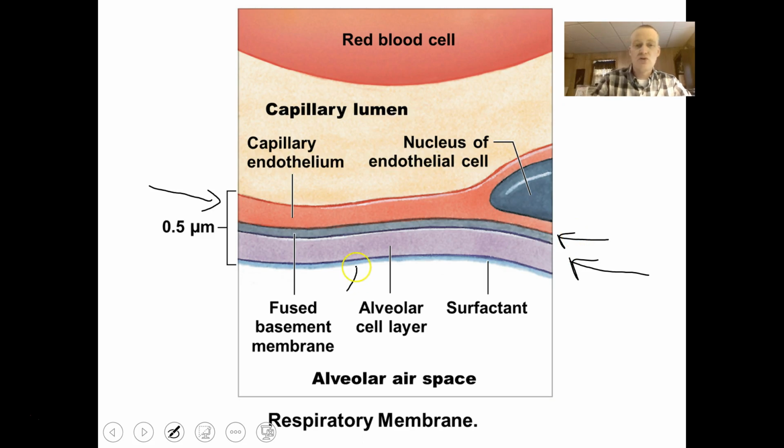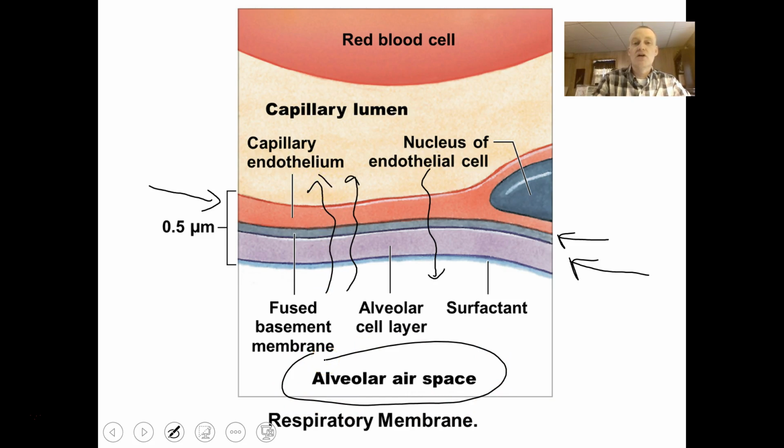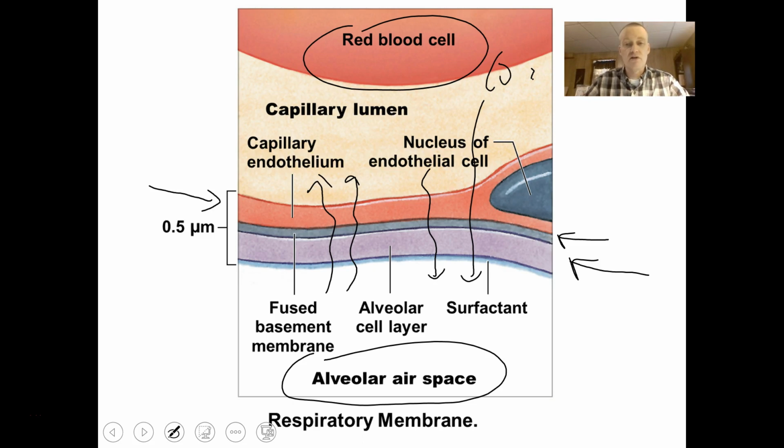Gases are going to diffuse this way or that way. Typically, oxygen is going to move from the alveolar space to the red blood cells, and carbon dioxide is going to move from the tissues to the alveolar space to be exhaled out.